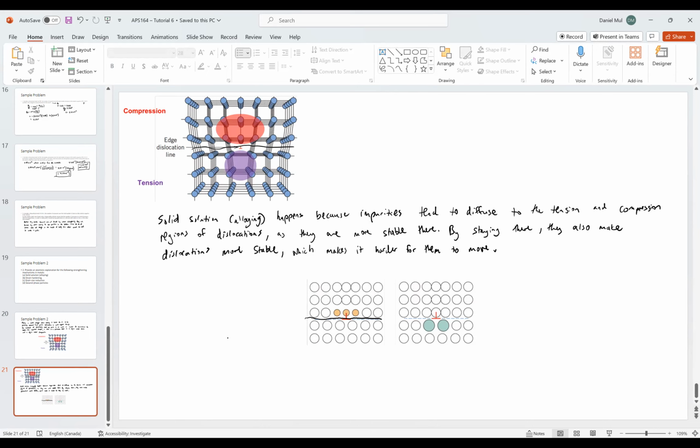Okay, the next one. So that was A. So B, with strain hardening.